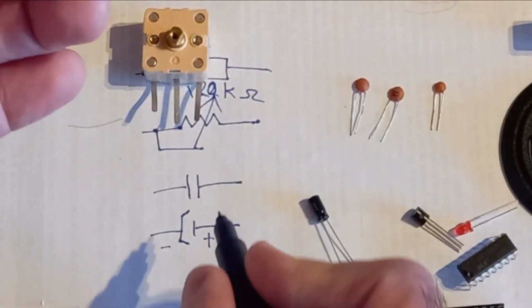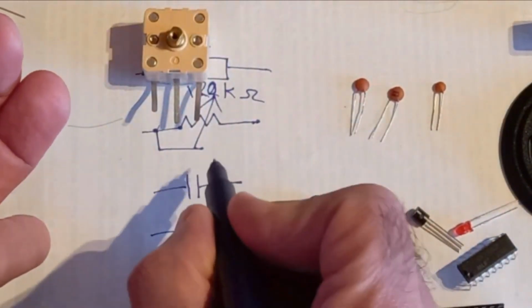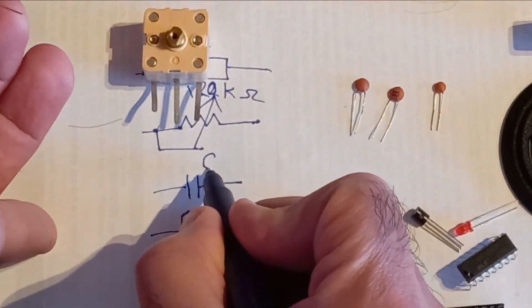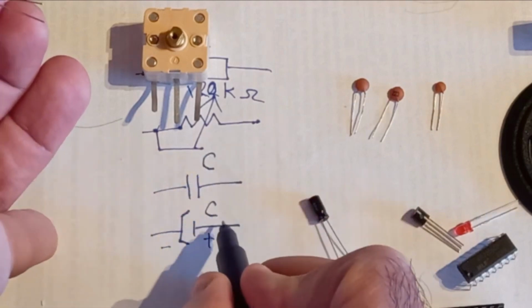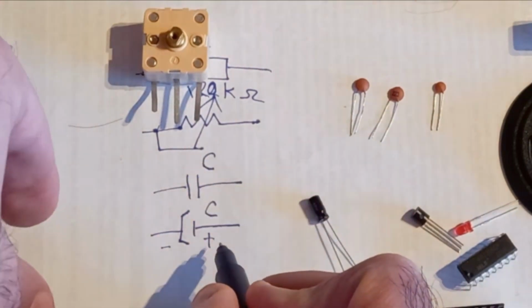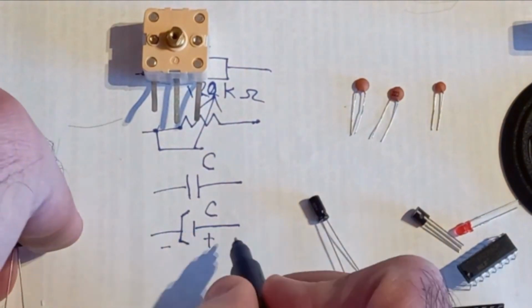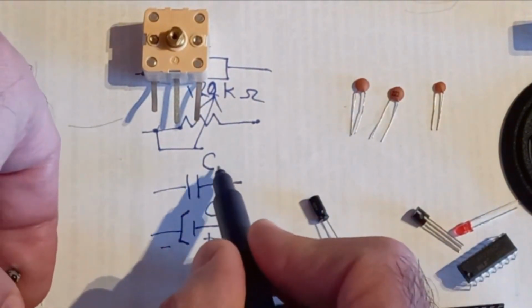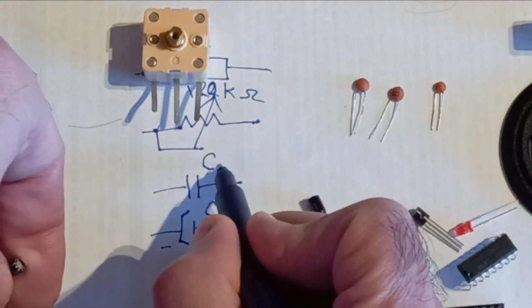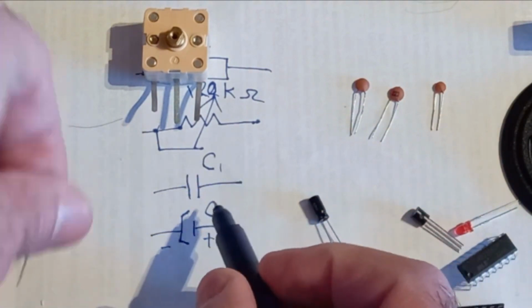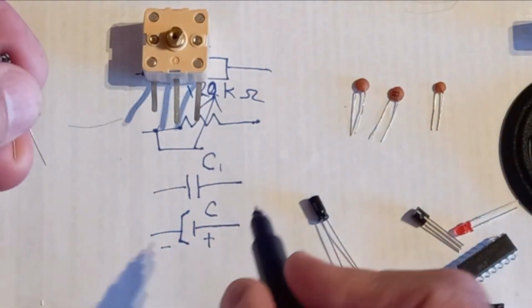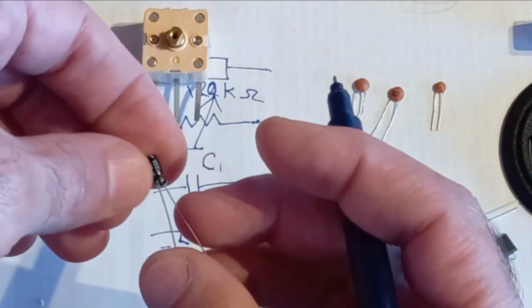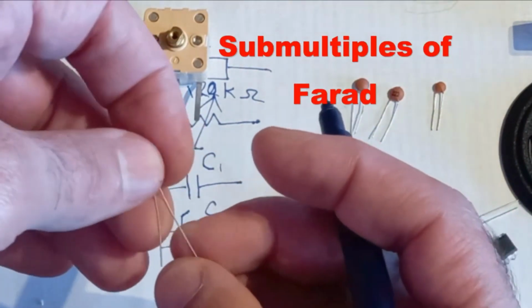Capacitors are shown with these symbols and also indicated by C. So the letter C indicates the capacitor in a circuit. You can have numbers of them, C1, C2, C3, and all that, the number of the capacitor. And they're measured in sub-multiples of Farad.